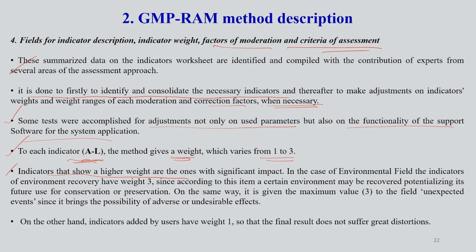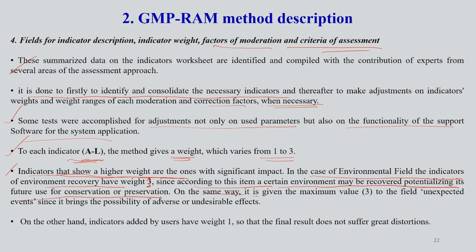In the same way, the maximum value of 3 is given to the field unexpected events, since it brings the possibility of adverse or undesirable effects. So, I repeat again, indicators that show higher weight are the ones with significant impact, and in the case of the environmental field, the indicators of environment recovery have weight, this should be 1, weight 1, since according to this item a certain environment may be recovered for future use for conservation and preservation.